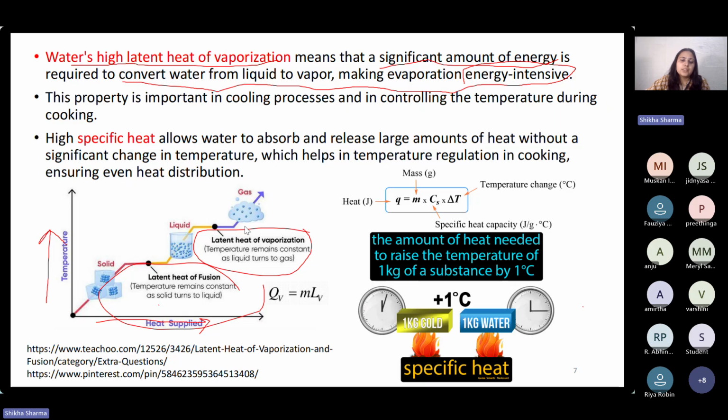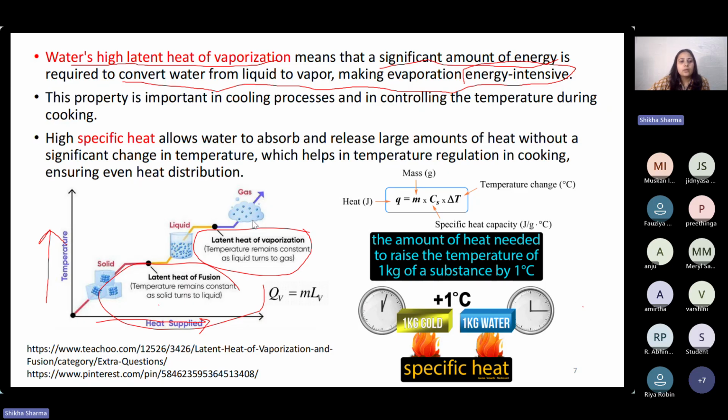The temperature will be the same here, but the state will change from water to gas. That is latent heat of vaporization, because vapors are forming. The name itself suggests that latent heat of vaporization means vapors are forming. That means the water is converting into vapor form, but the temperature will be the same here.